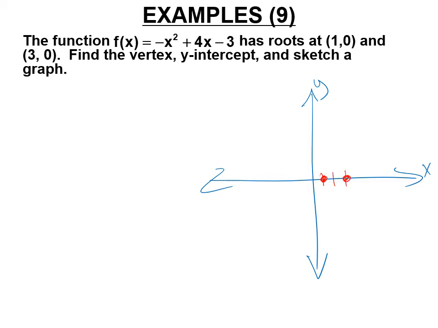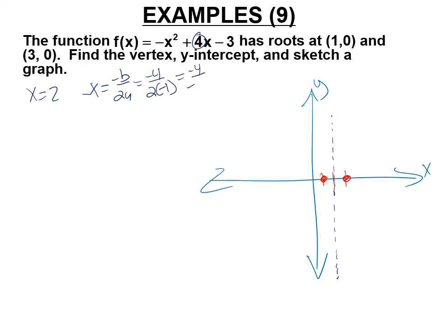So then we know that's where the U shape crosses the x-axis. We also know that the vertex is somewhere along x equals 2, halfway between. Now, I did that with the roots, but you also could have used x equals negative b over 2a. B here is 4, so it's negative 4 over 2 times negative 1.